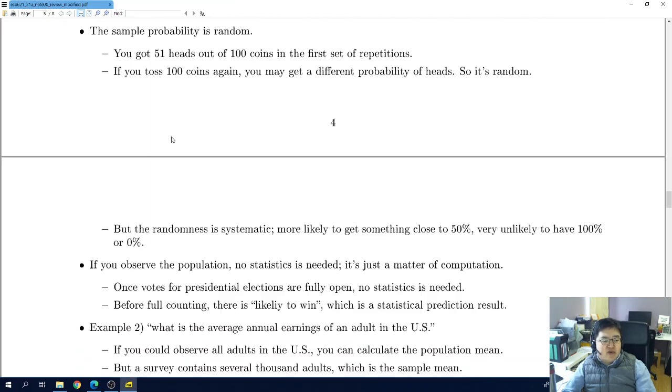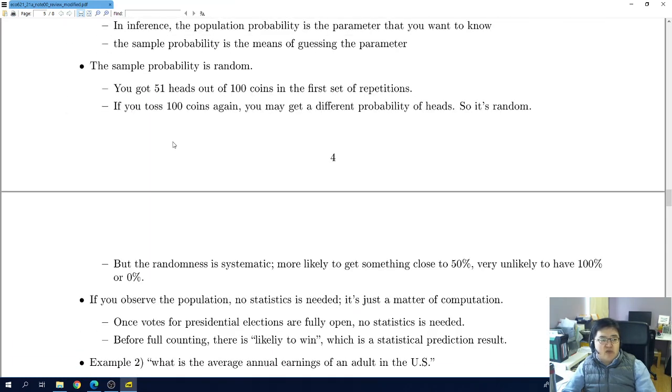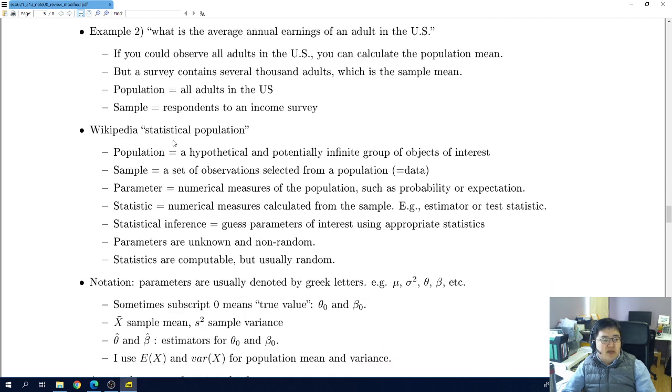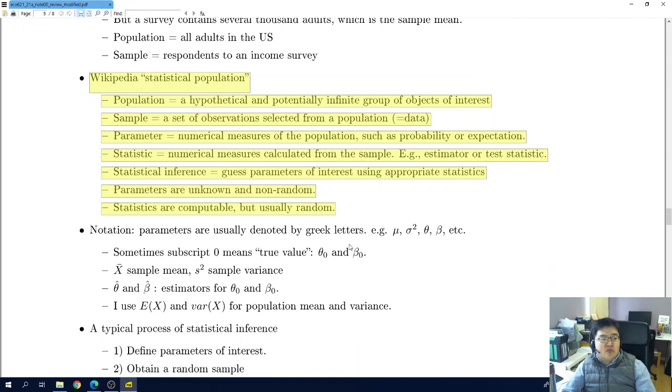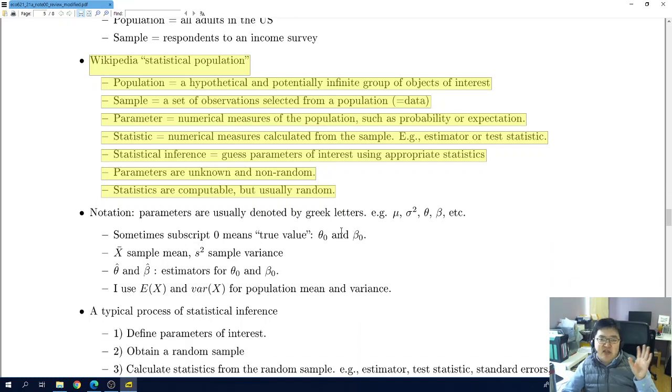I gave you the simple example with coin toss, and this is the serious definition of those terms, but the basic idea is already delivered in casual words. If you are interested in more rigorous statistics, study yourself.